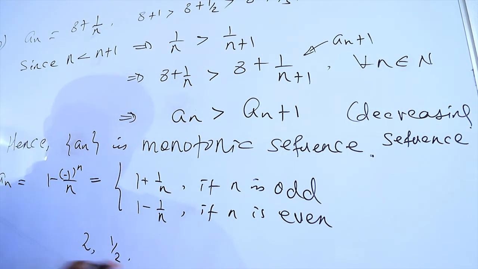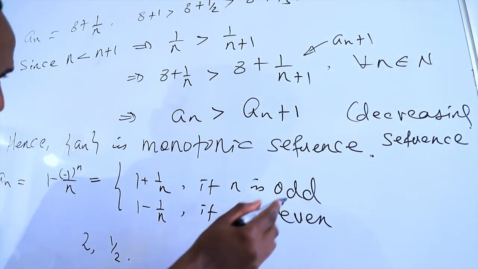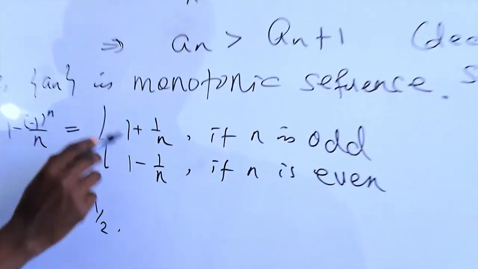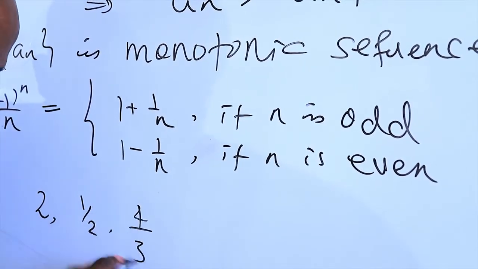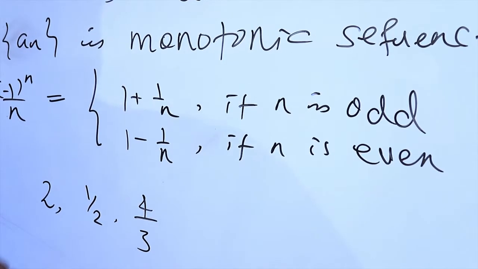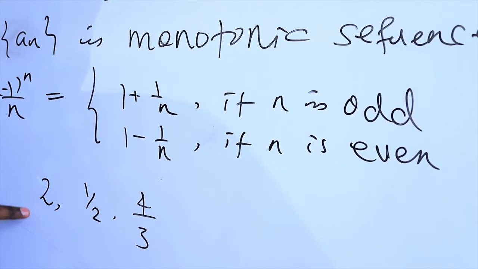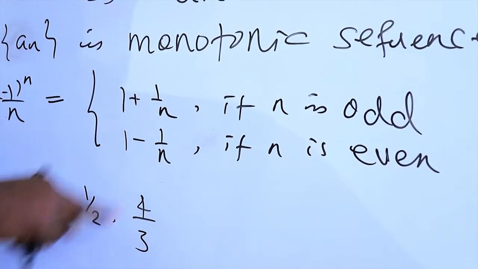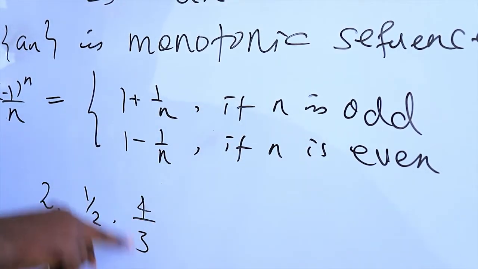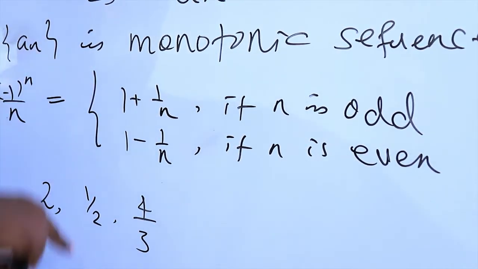Now it is decreasing from 2 to 1 over 2. And if n is 3, which is odd, the formula is 1 plus 1 over 3, so it becomes 4 over 3. From 2 to 1 over 2 it is decreasing, and again it increases from 1 over 2 to 4 over 3.